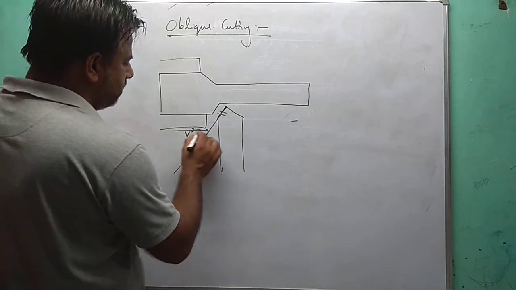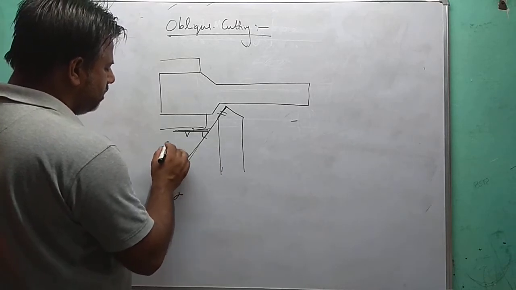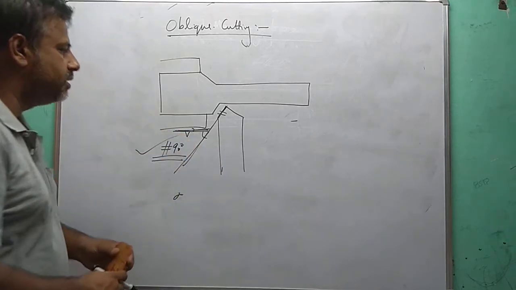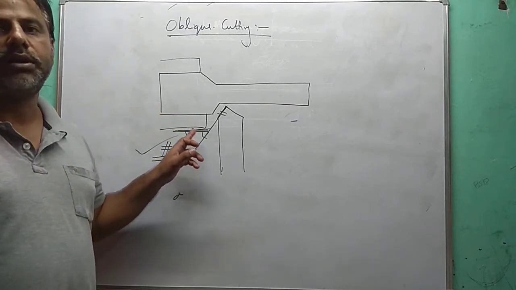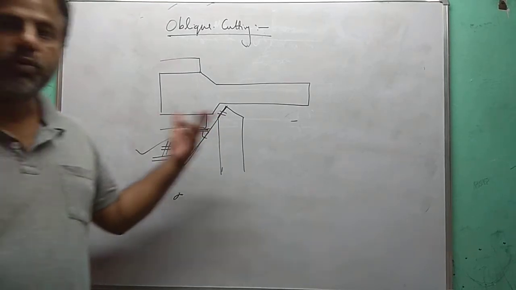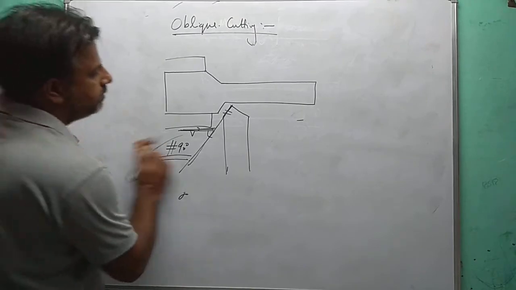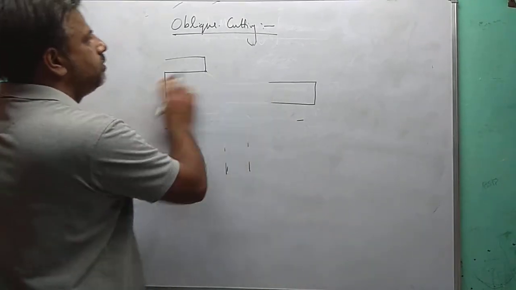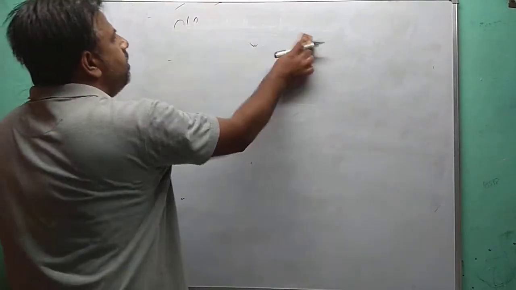So the angle between the cutting velocity and the cutting edge is not equal to 90 degrees. So oblique cutting means the angle between the relative velocity, or cutting velocity, and the cutting edge is not equal to 90 degrees.